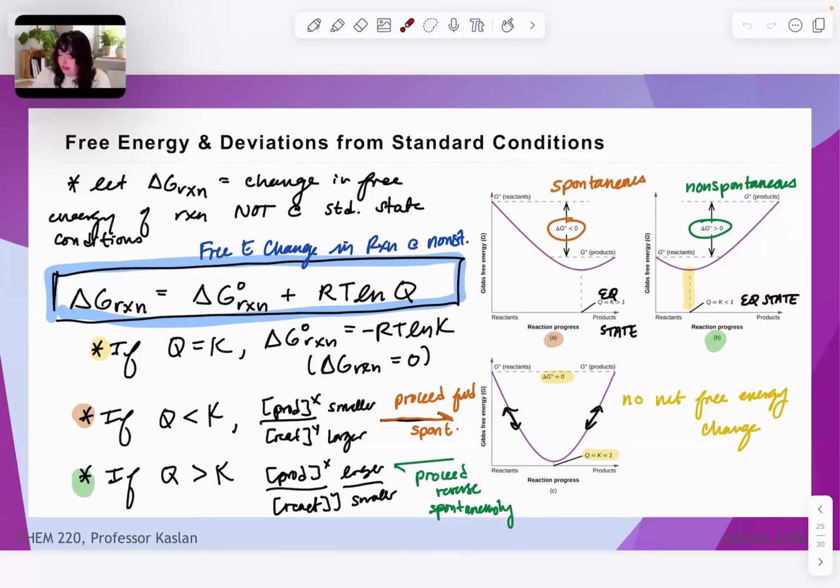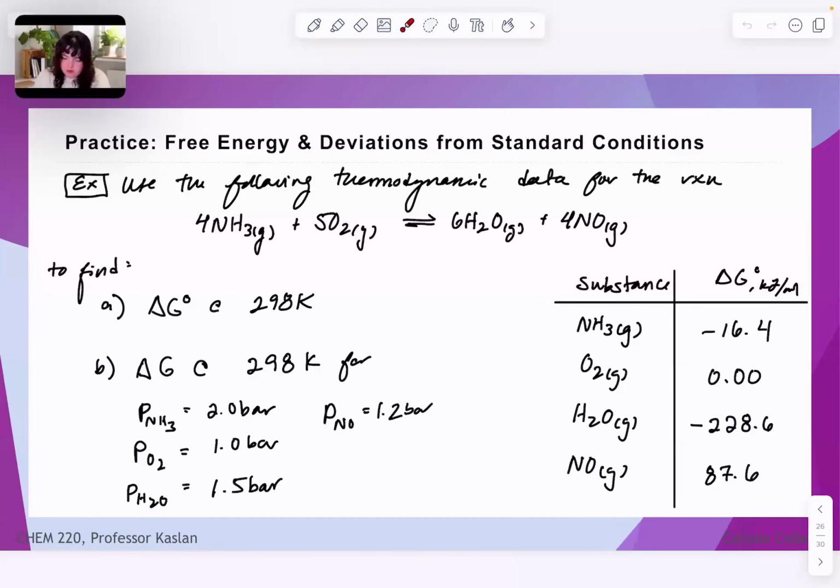So let's look at an example where we have a reaction between some gaseous compounds, and I want us to find the free energy at standard state conditions at a temperature of 298 Kelvin, and then compare that to the change in free energy of the reaction at non-standard conditions at 298 Kelvin, given information about the reaction mixture. So let's see if we can predict a couple of things.